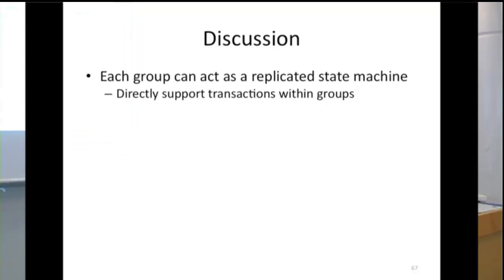Now the scheme is nice because with these groups, you can easily implement replicated state machines on top of them. For those who don't know, you can implement transactions within replicated state machines. They are even stronger than linearizability. You can do much more than just put and get operations.